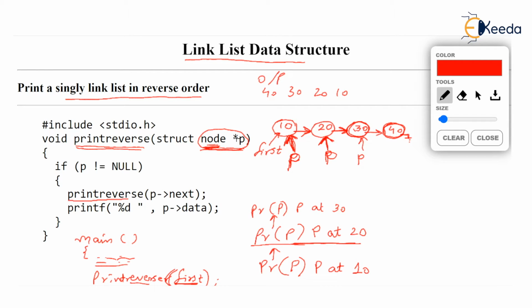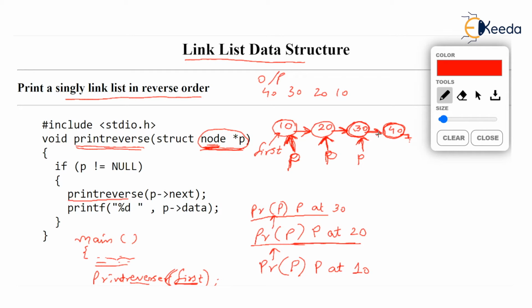Running this fresh function now, print reverse P with P at 30. What you see when you run the function is P is still not null because P is at 30. Then the if statement runs, calling print reverse P arrow next. But observe P arrow next now, P arrow next is nothing but the address of 40.